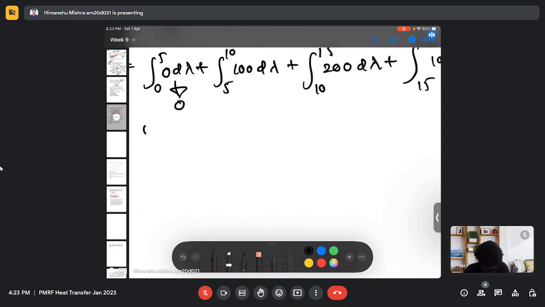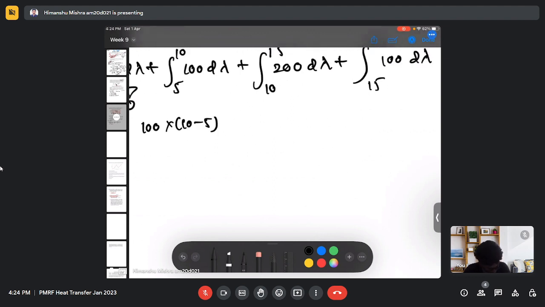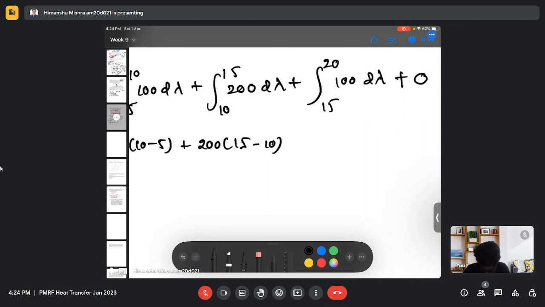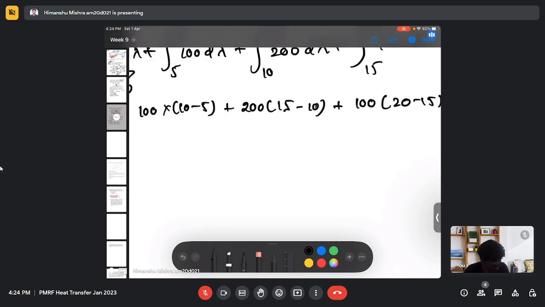So my total emissive power will be 100 multiplied by 10 minus 5, after I integrate this, plus 200 times 15 minus 10, plus 100 times 20 minus 15, plus 0.